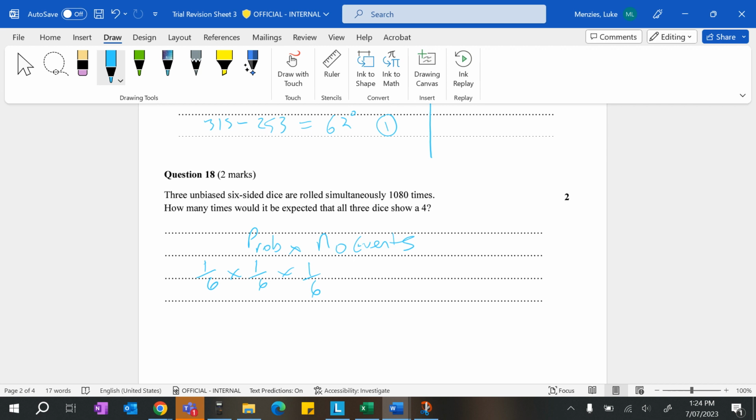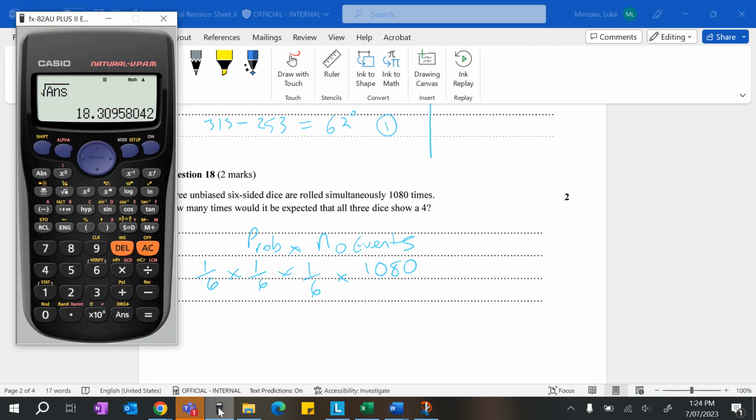So it's 1 over 6 times 1 over 6 times 1 over 6, multiplied by the number of events, in this case 1,080. This shouldn't be a very big number, I think. So 1 over 6 times 1 over 6 times 1 over 6 times 1080. The keyboard shortcut didn't work.